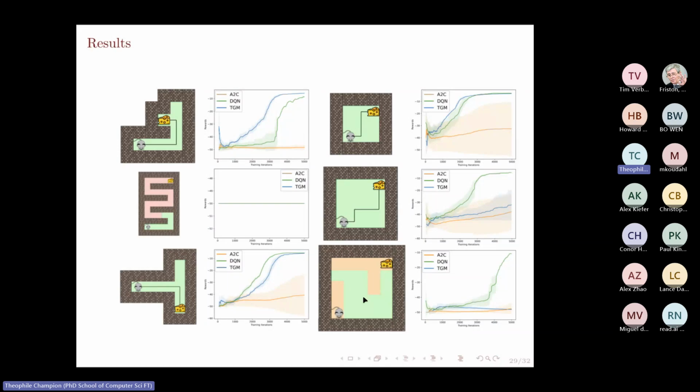The last 2 mazes that I've not been discussing so far represent 2 different limitations of the approach. The first one here, and to explain what the problem is here, I need to explain the colors. Okay, so here we had only green cells. Those cells correspond to the model being learned properly. So for those cells, the model has been able to learn a Gaussian component centered on that cell.